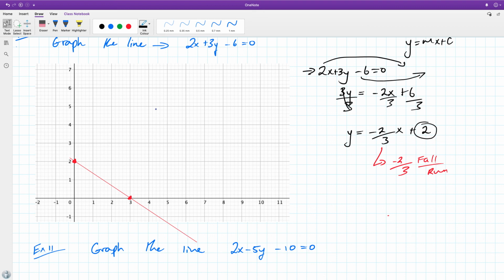Because when you bring 2x over, it'll be minus 2x. And then you're dividing across by minus 5. Right, that's a minus 5. It's not the algebra we need to worry about, it's the signs that are catching us. Very careful with our signs in coordinate geometry.